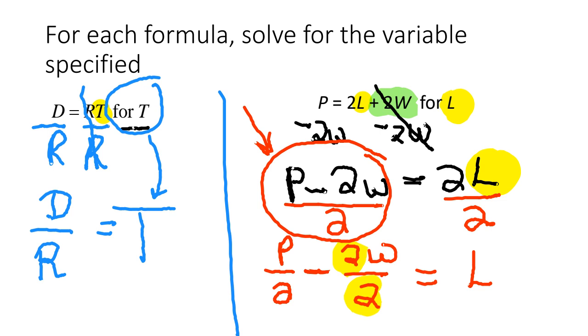Which means I can take these out, which means that L could also be equal to P over 2 minus just the W. It can be written like this, or like this.